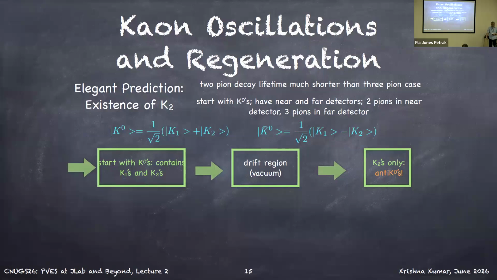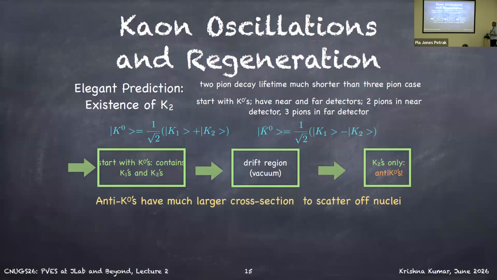And that means you now have anti-Ks, because a K2 quantum state has both K0s and K0 bars. So you started with K0s, and you ended up with K0 bars. This is called strangeness oscillations. This was the first spectacular quantum mechanical demonstration of oscillations, right? Just the appearance of K0 bars after a drift region is quantum mechanics at work.